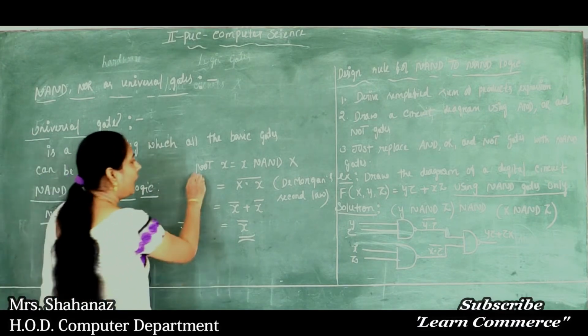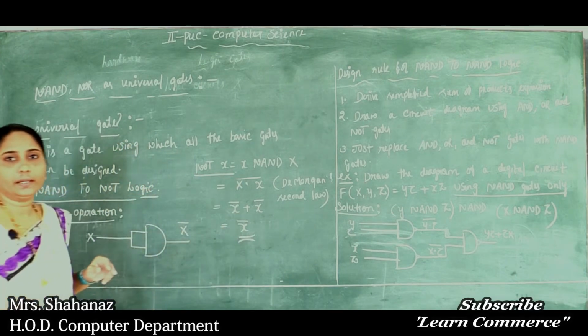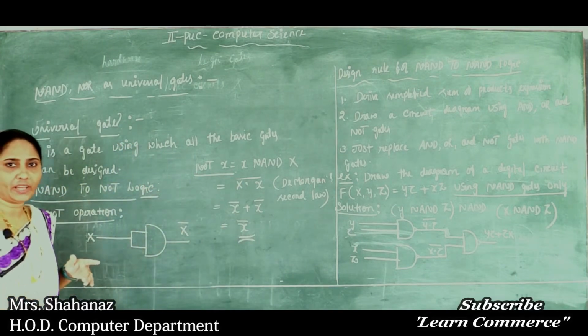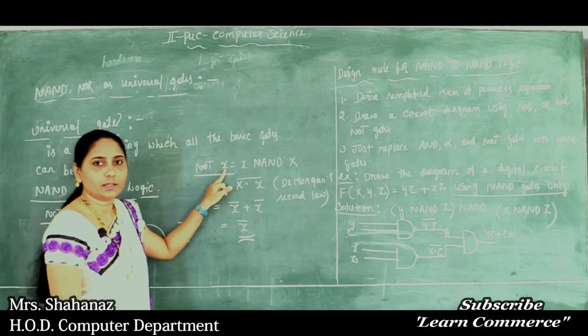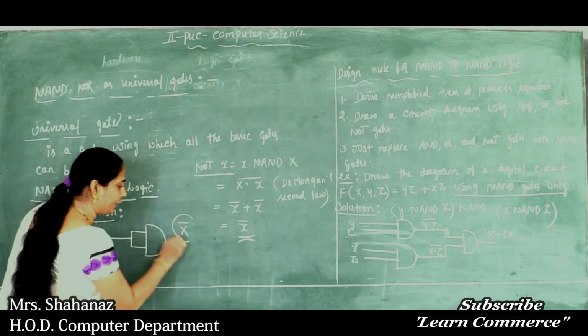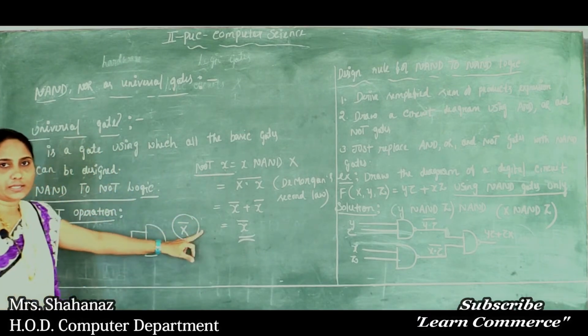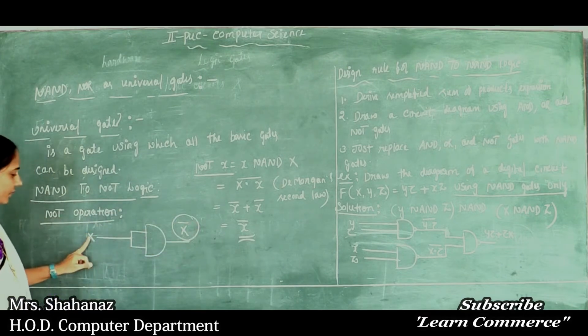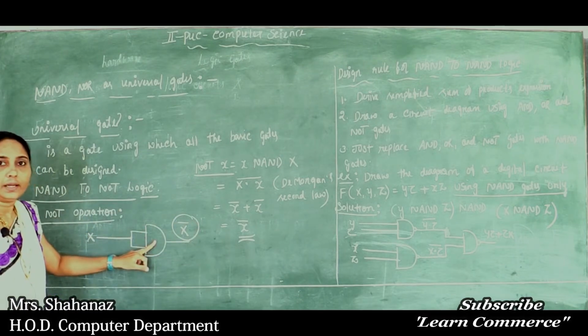So now I am going to complete this simplification. Not X. So not X, that means I need to get such an answer. Not X. We know that this is the symbol of the NAND gate.